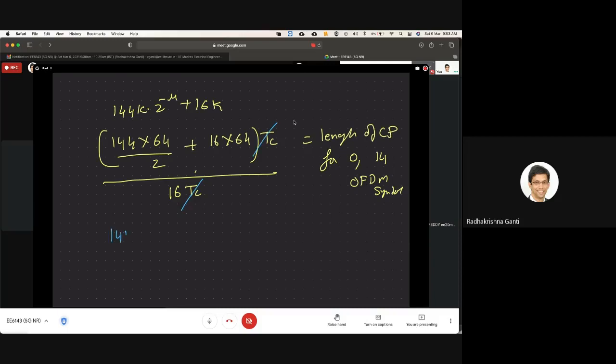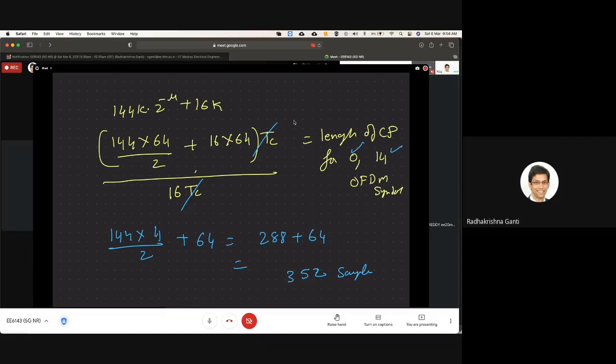So it's 144 into 4 divided by 2 plus 64. This is 288 plus 64. So 352 samples are there for the 0th symbol and the 14th symbol.